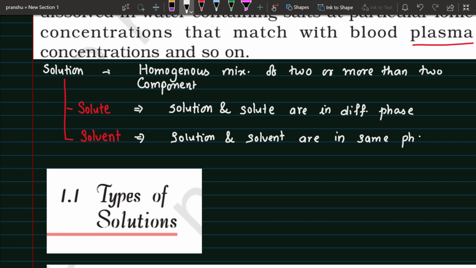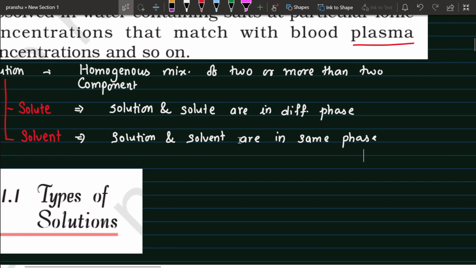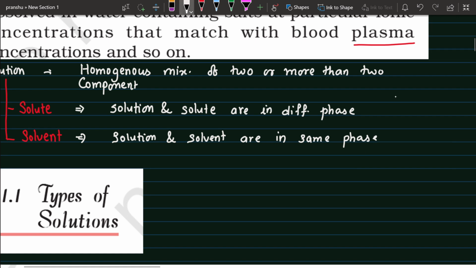Suppose we have a concentrated sugar syrup solution.